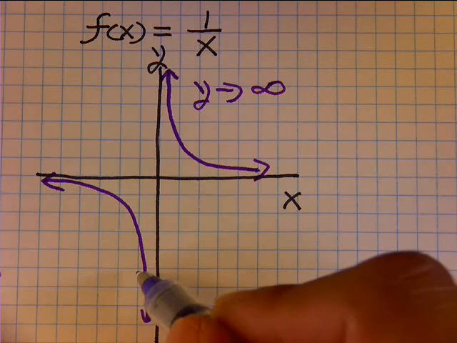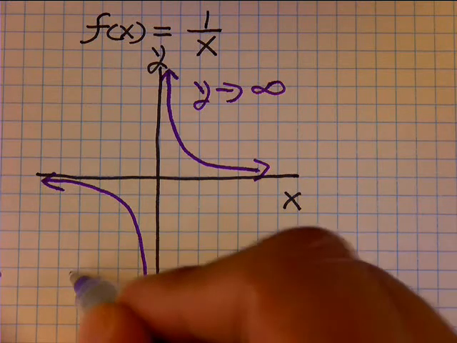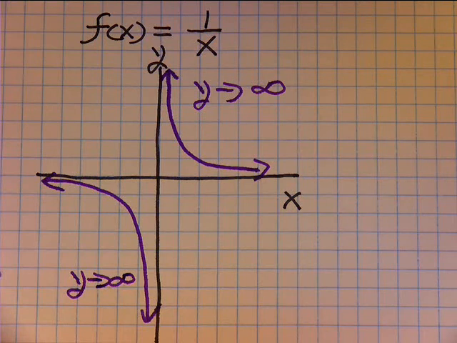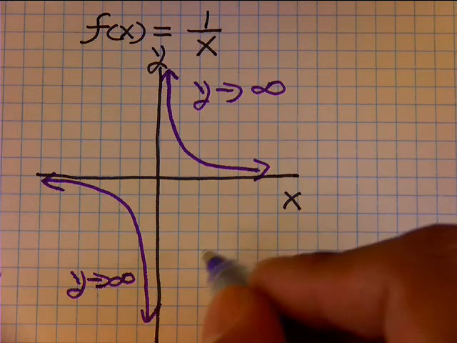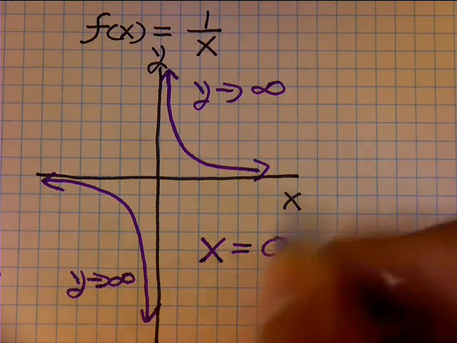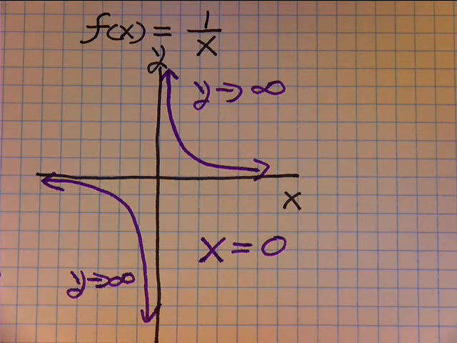As x approached 0 from the right, y was approaching negative infinity for all odd power functions that have inverse proportionality, meaning every one of those has an asymptote at x equals 0.